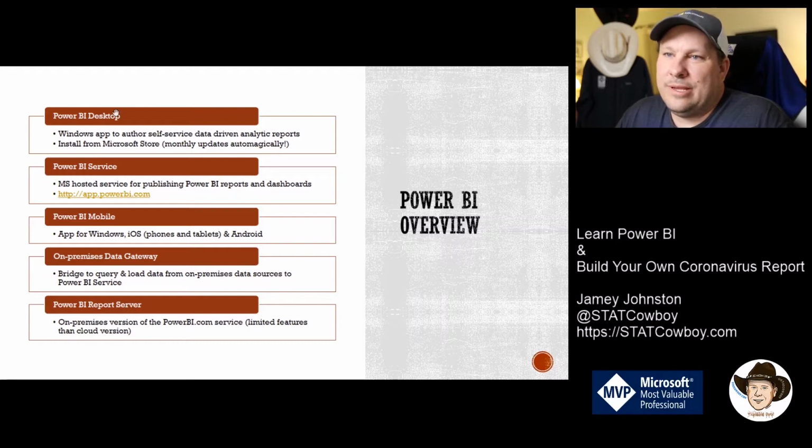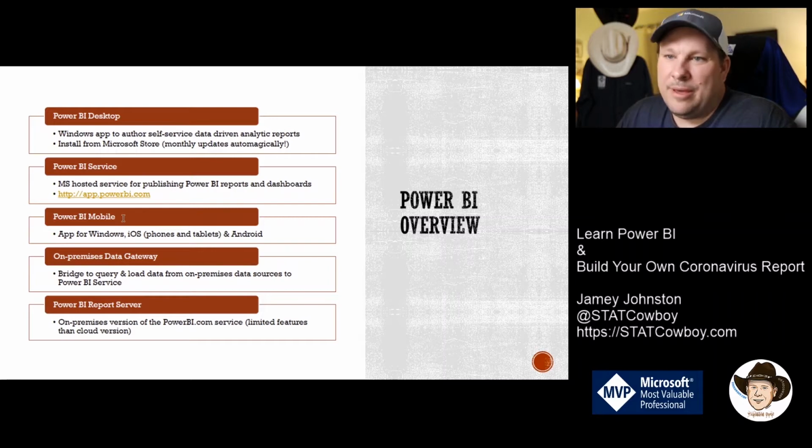So, real quick to recap: desktop, that's how we're going to author our reports. And for those that can use the cloud, which is probably most of you, once you author your reports in the desktop, you're going to publish those to the Power BI service, where you can share those reports and dashboards out to your end users, to the people that need to see your reports.